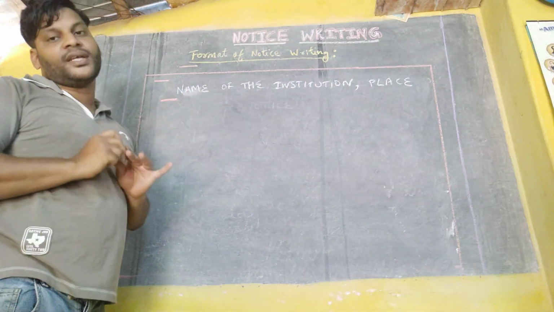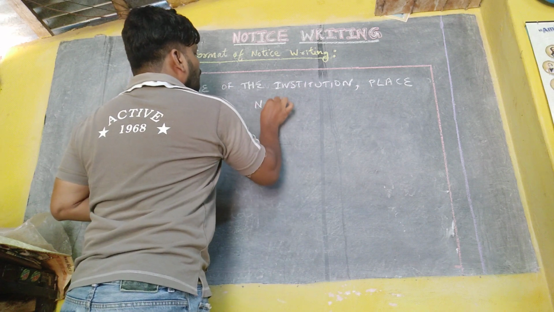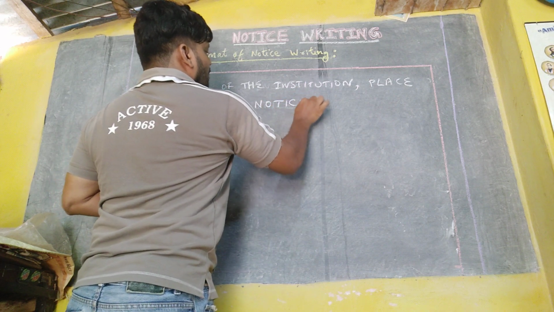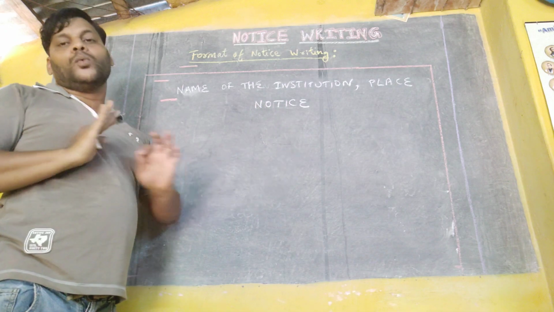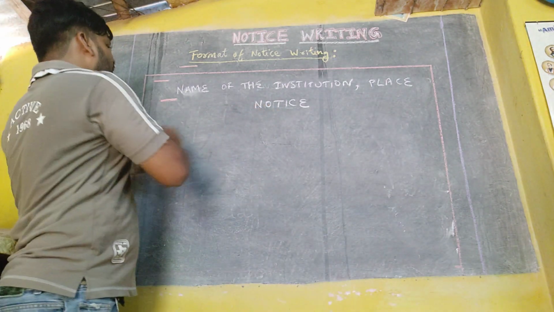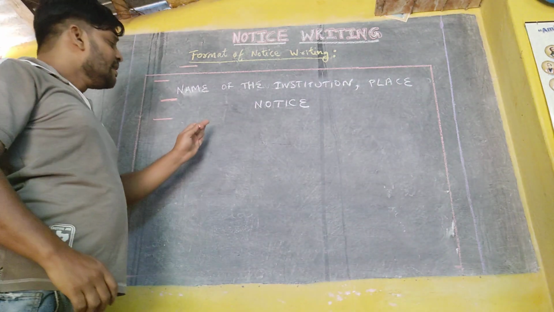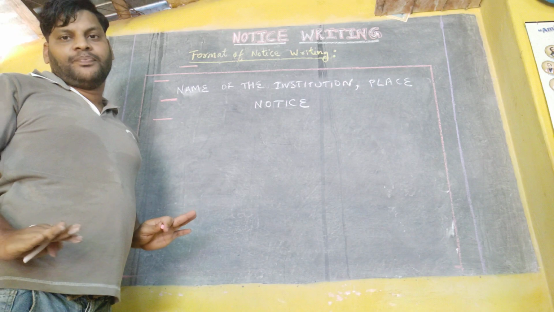Then after the name of the institution, place, leave one line space. The word notice will come. Take the center of this and write the word notice. Don't underline the word notice, okay, in capital. Then leave one line space. Again leave one line space. The name of the title will come.